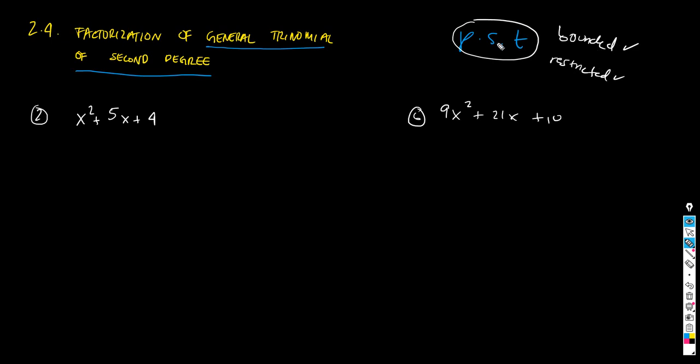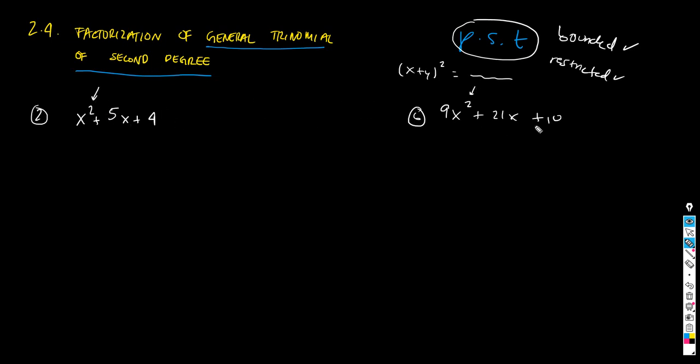It has to necessarily come from the squaring of a binomial. But things like this and like this are trinomials of second degree that are not perfect.